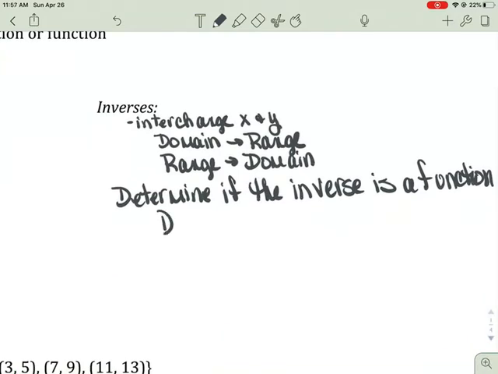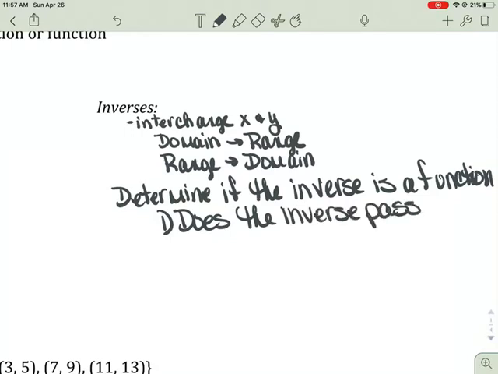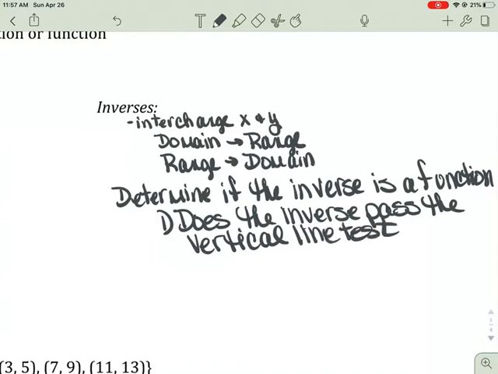All right, so there's two ways. First way, does the inverse pass the vertical line test? You graph the original, you graph the inverse, and then you say, hey, does this pass the vertical line test?